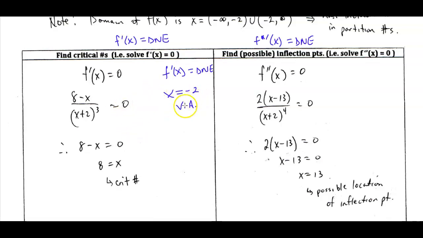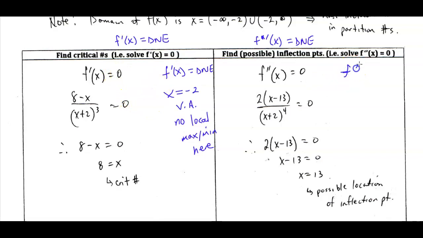So because I have a vertical asymptote here, I know it's not going to be a local max or a local min there, so no local max or min here. Because again, x equals -2 would be an undefined location on the original function as well.